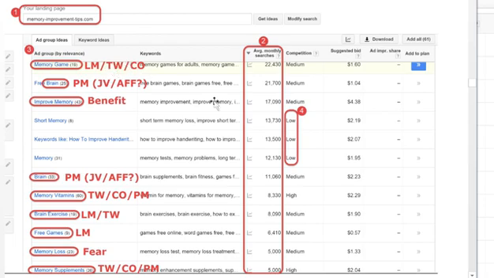Now, whether they'll convert as well as people who are looking for brain exercises, I don't know. So that's something that I would test. But that's one reason it's nice to sort these in order of search volume and take a screenshot and do it this way, is that you'll have all this information when you're making your decision.